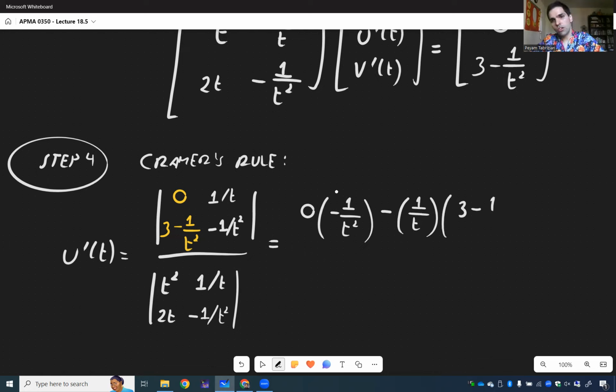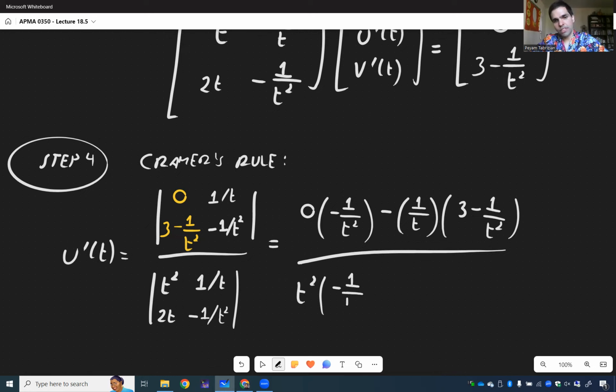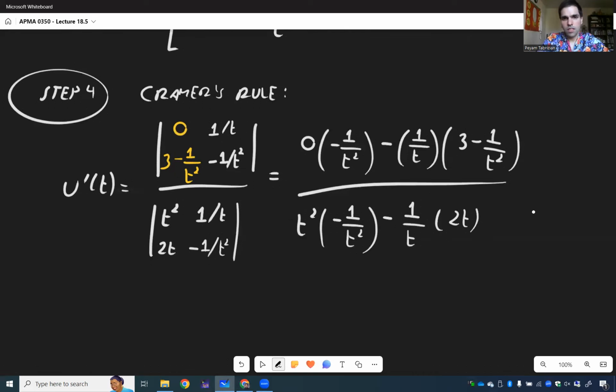divided by t squared times minus 1 over t squared, minus 1 over t times 2t. And this then becomes 0, I think, minus 3 over t, and then plus 1 over t cubed, if I'm not mistaken.